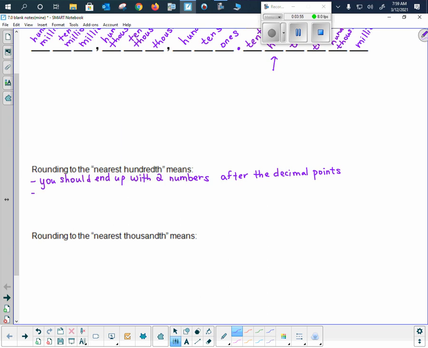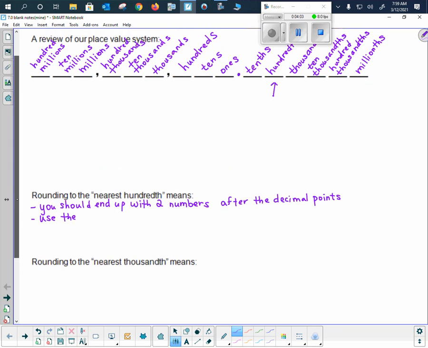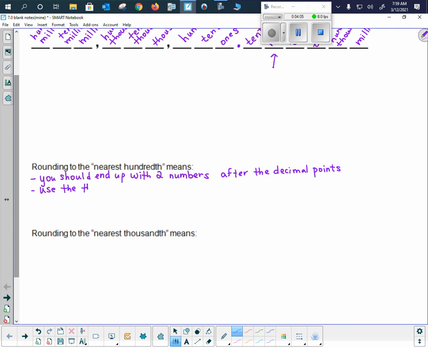And then what it really means is that you should be using the place to the right of it. So if you go back and look up top, it would be the thousandths, right, to the right of that. So you use the thousandths place to determine the rounding. Okay, and then your rule, this is for all of them, doesn't really matter what place we're talking about: if the number that you're looking at next to it is 5 or higher, it means round up.